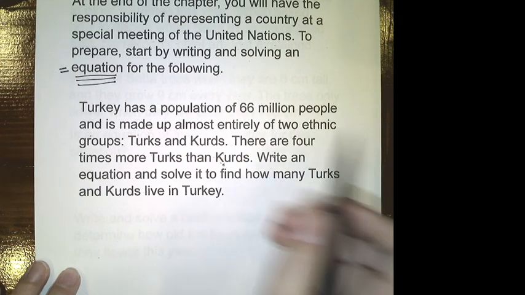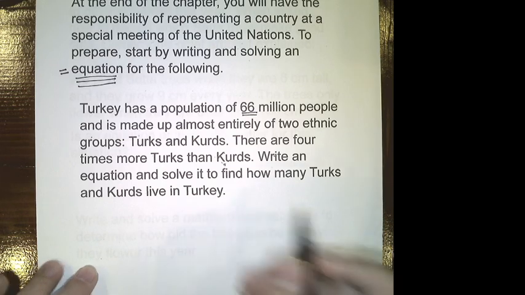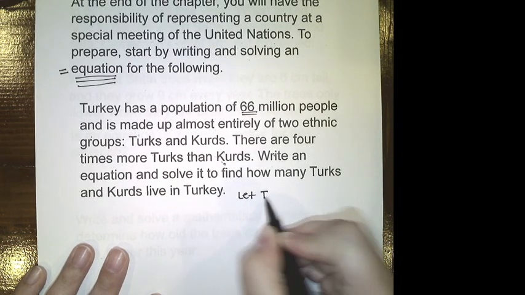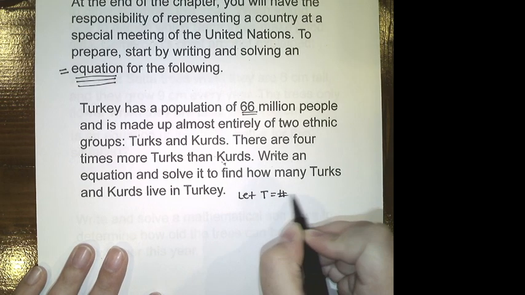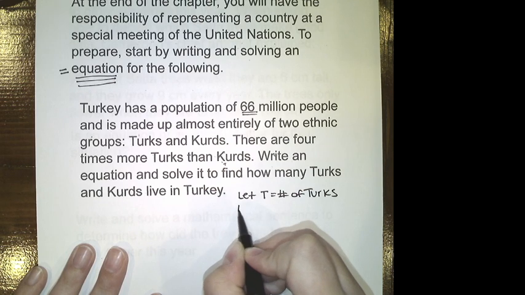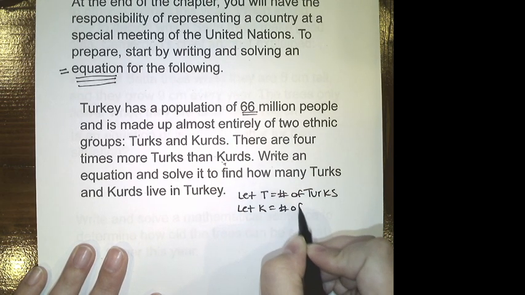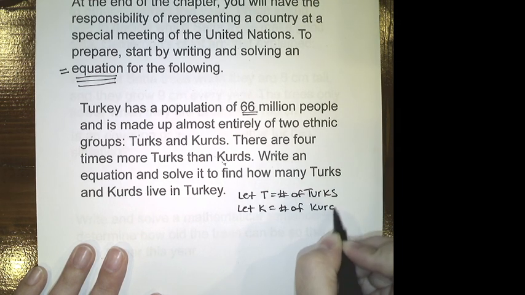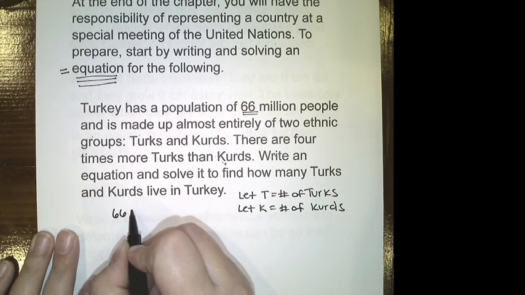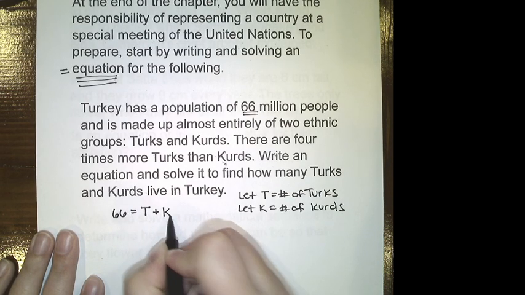So our first equation is dealing with the 66 million people. So I'm going to say T for Turks and K for Kurds. And that 66 million people is made up of Turks and Kurds.